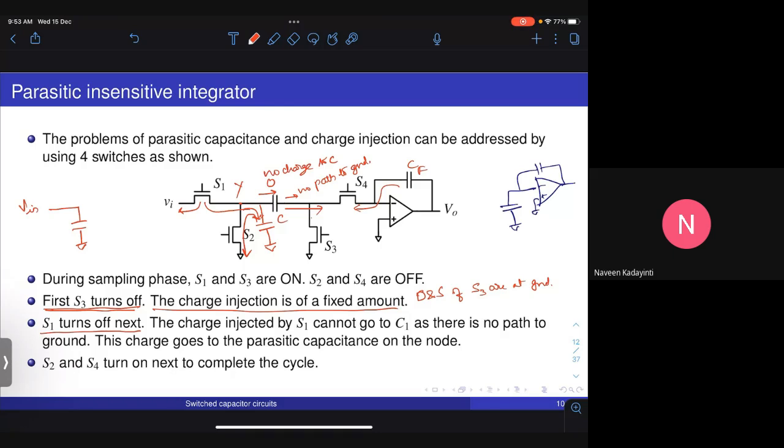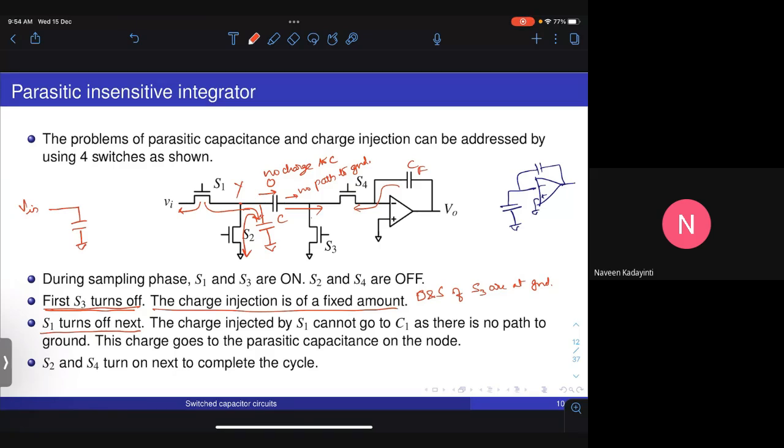So that reduces the offset to some extent, but even whatever residual offset is there, it is a fixed offset. It doesn't depend on the input voltage. Fixed offset, as we even discussed yesterday, is easy to handle. Any non-linearity becomes very difficult to calibrate and compensate, but fixed offsets are very easy to handle. You just have to either calibrate it or record it and compensate for it, subtract it later.